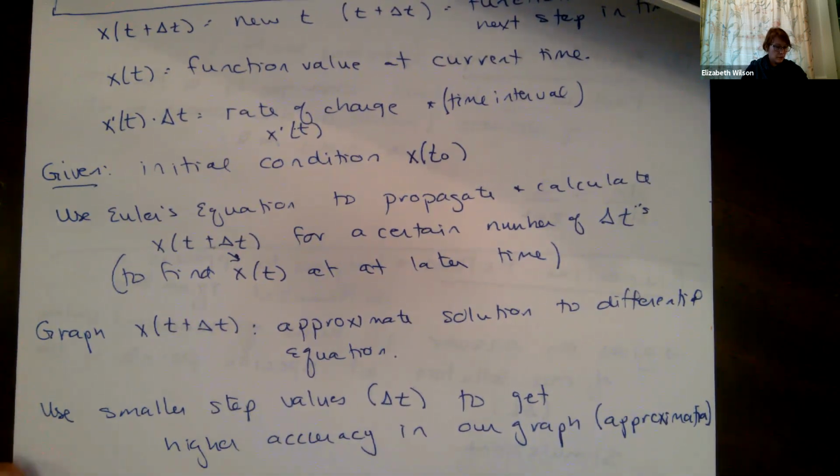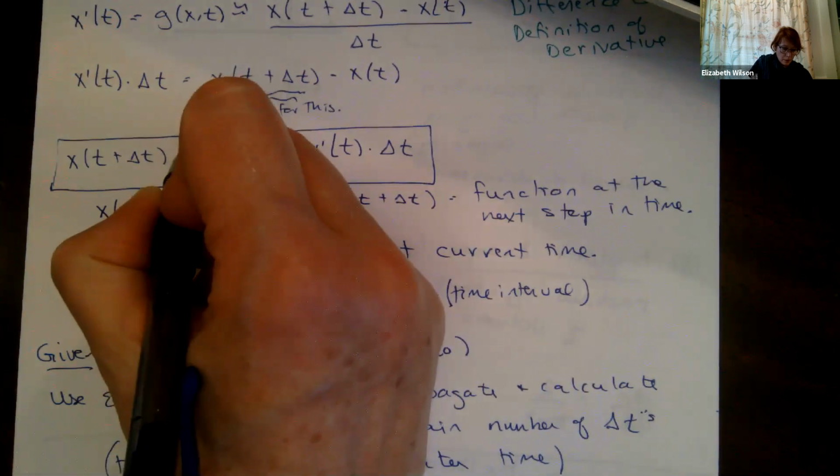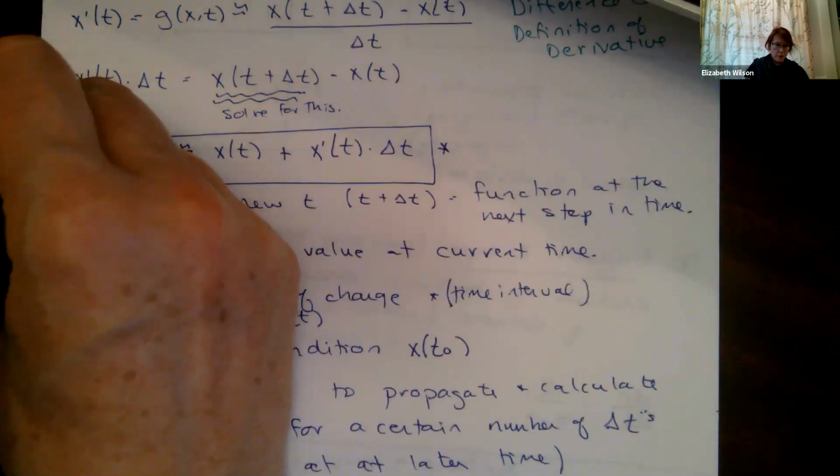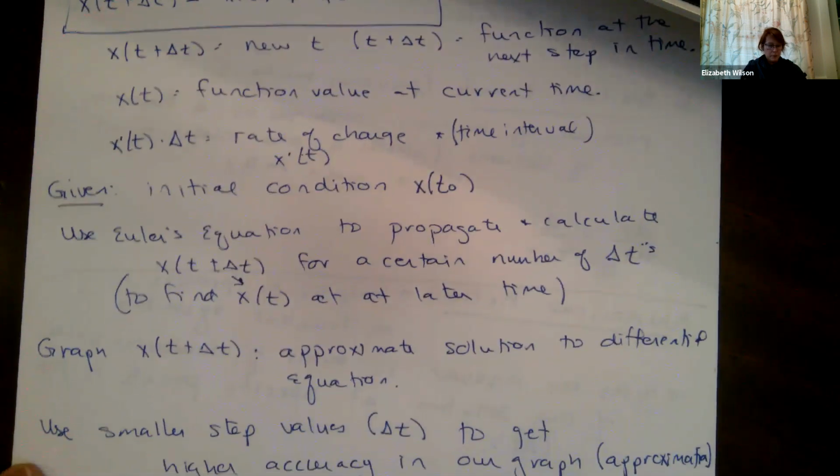I should say it's approximately equal to that. So this is your Euler's equation. We're going to use that over and over and over again when we do our examples.